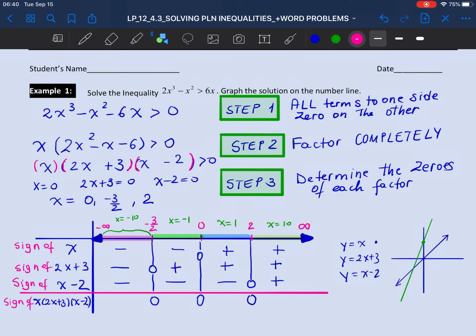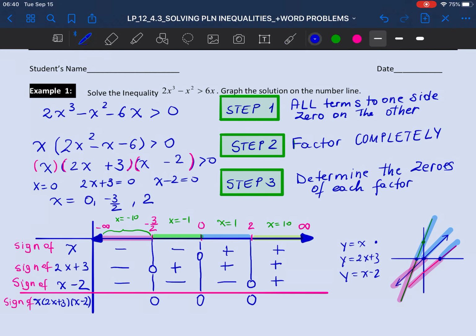X minus 2 will be a line with y-intercept at negative 2 and a slope of 1. So it would look like this. Okay? So beyond their zeros, right? This is the 0, this is the 0, this is the 0. So these functions, when exceeding their zeros, are positive y values. Now, to the left of their zeros, they are negatives. Okay?